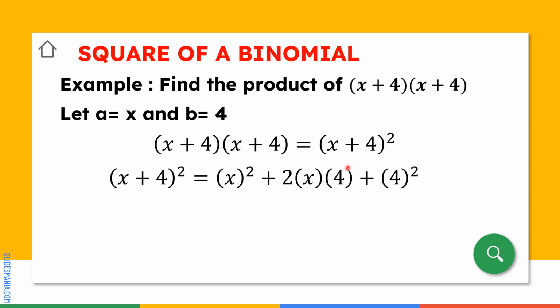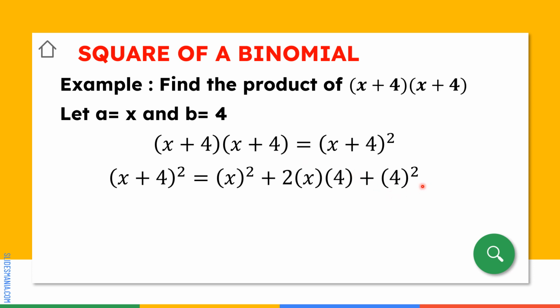And then for our middle term, we write 2, and then we copy the first term, which is x, and then the second term, which is 4. And then for our third term, we copy the last term and then square it.